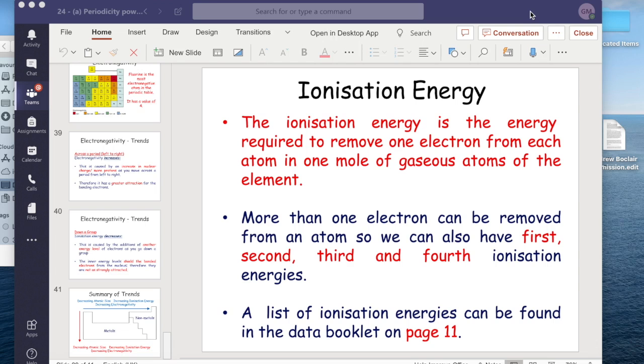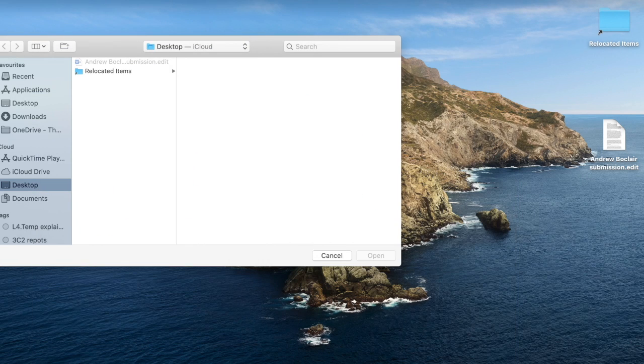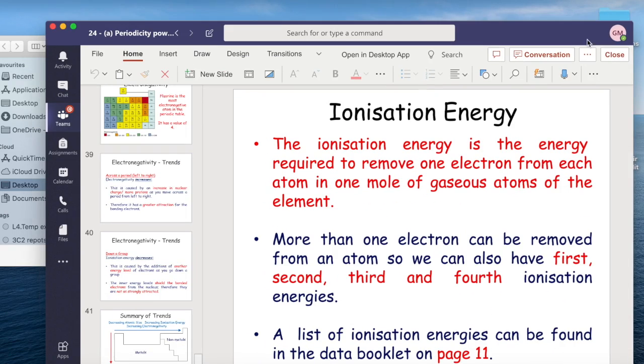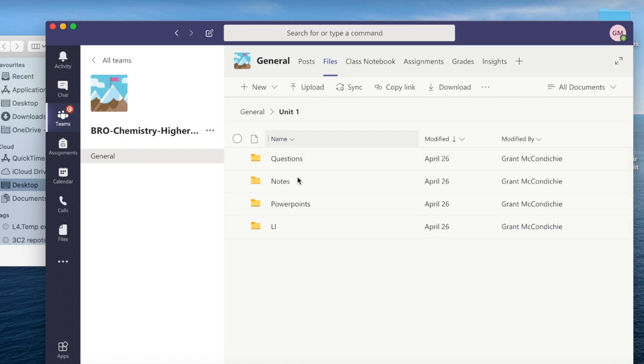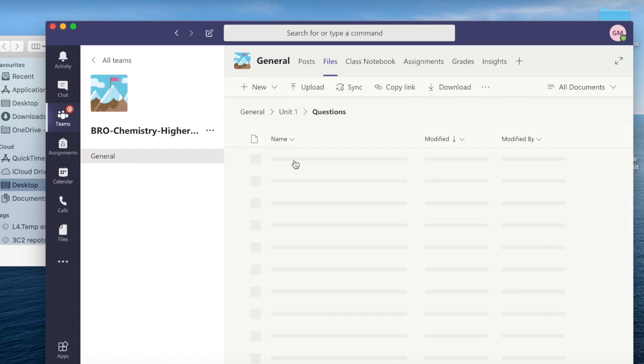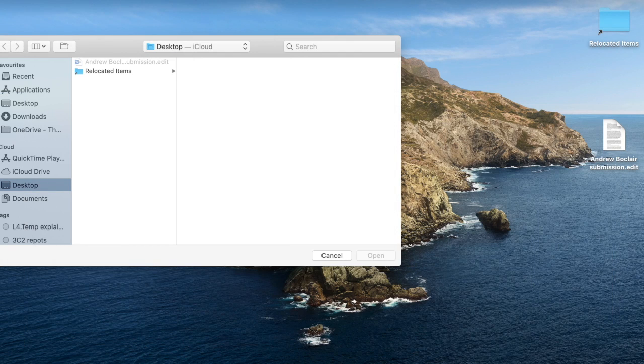That leaves me down to questions. What do I want you to do this week in terms of questions? I look at the Unit 1 questions, and the answers are also there.